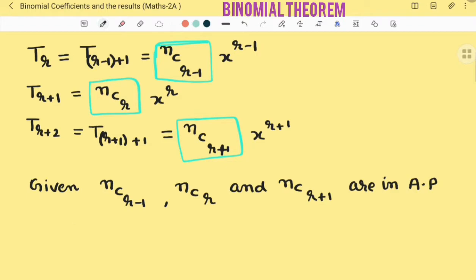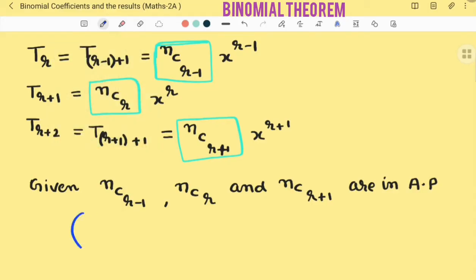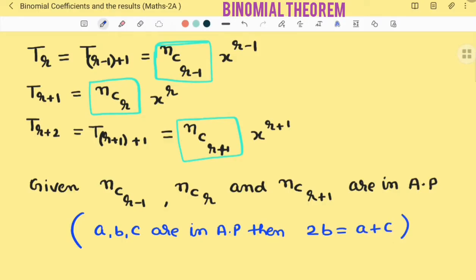We know that if A, B, C are in AP, then we have 2b equal to a plus c. Twice the middle is equal to the sum of the extremities.